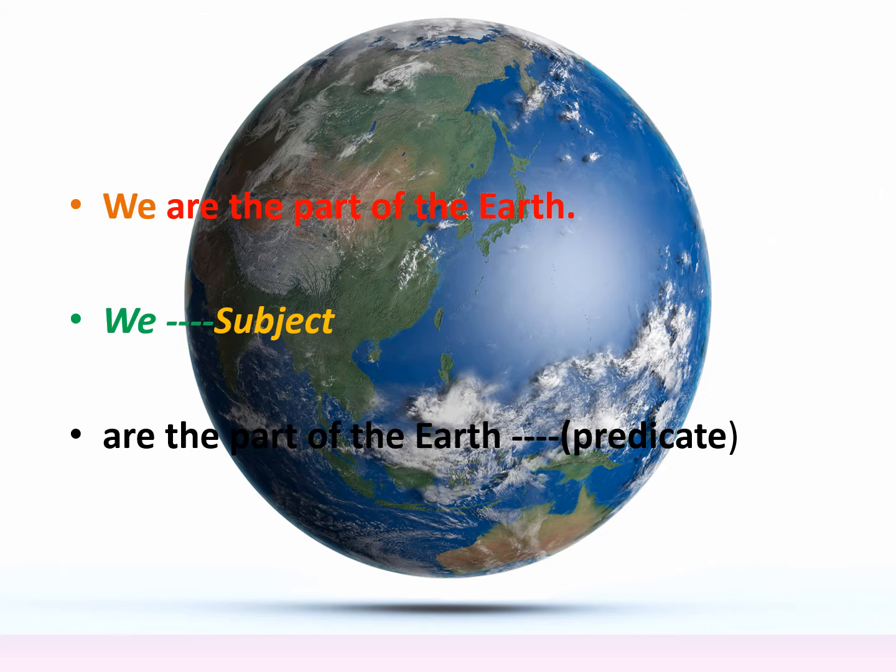Are the part of the earth is the predicate of the sentence. Here, the predicate starts with an auxiliary verb are. In the previous sentence, the predicate started with an action word. But here the predicate starts with an auxiliary verb as a main verb.